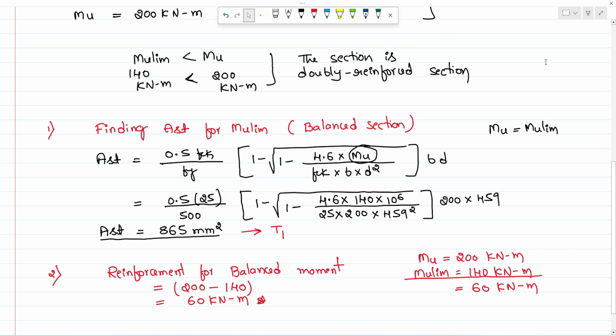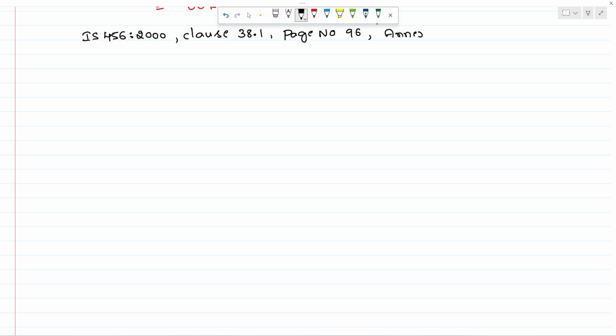To find the reinforcement for balanced moment, you need to refer to IS 456:2000, clause 38.1, page number 96, in Annexure G. So let me open the code.